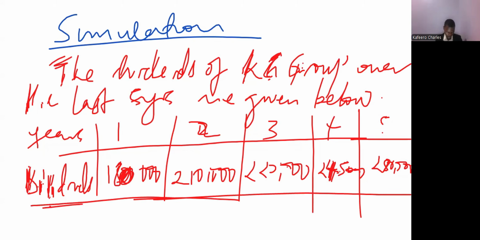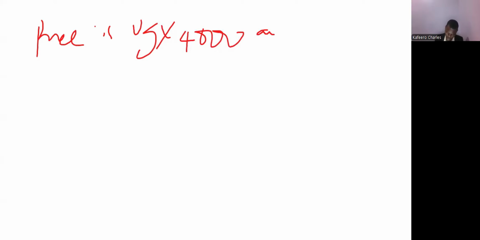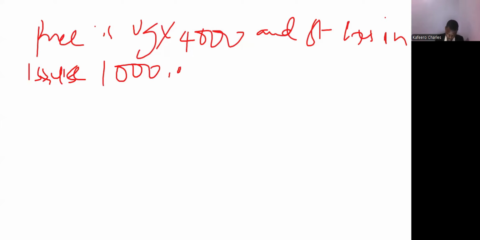They are telling us that KC group's current ex-div market price is UGX 4,000, and it has in issue 1 million ordinary shares.